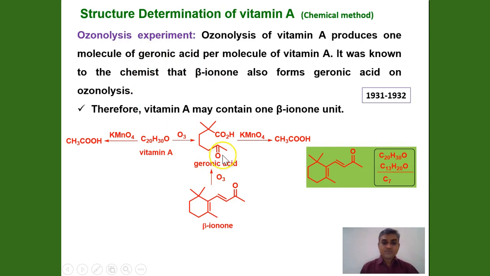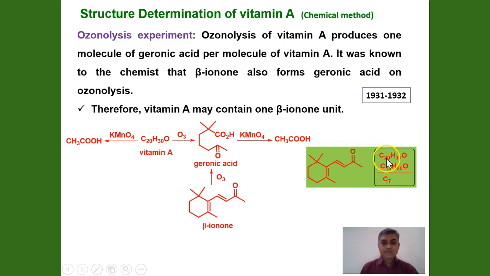This is a very important piece of information because this is the structure of beta-ionone, and beta-ionone corresponds to C13H20O. So if you subtract the molecular formula of beta-ionone from vitamin A, 7 carbon atoms are left.